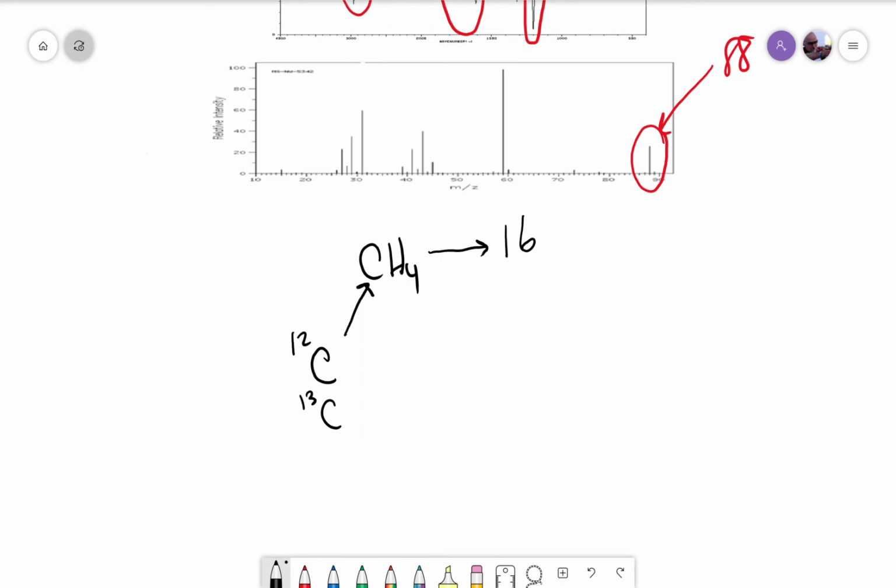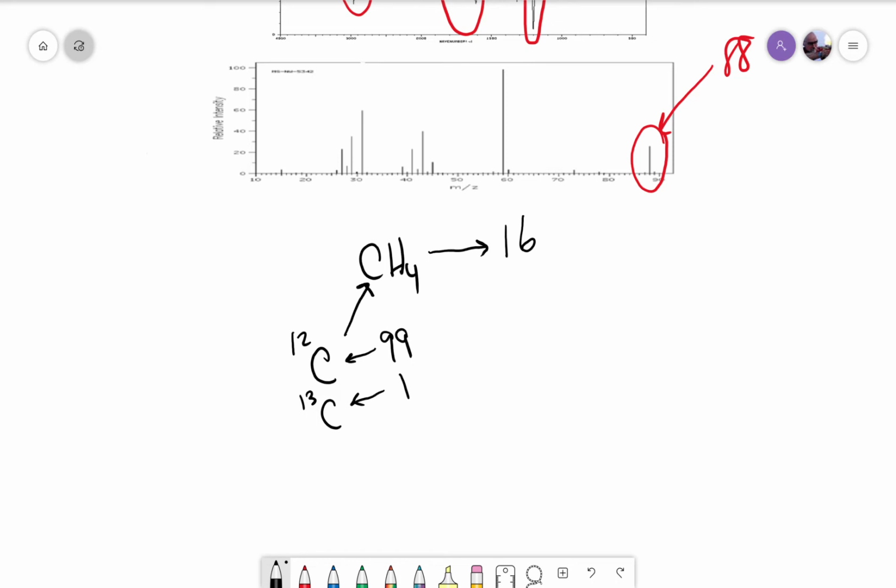Both of those are present and unavoidable in nature. Out of 100 atoms of carbon, the natural isotopic abundance is 99 of them are going to be a carbon-12, and 1 out of 100 of all carbons is a carbon-13.